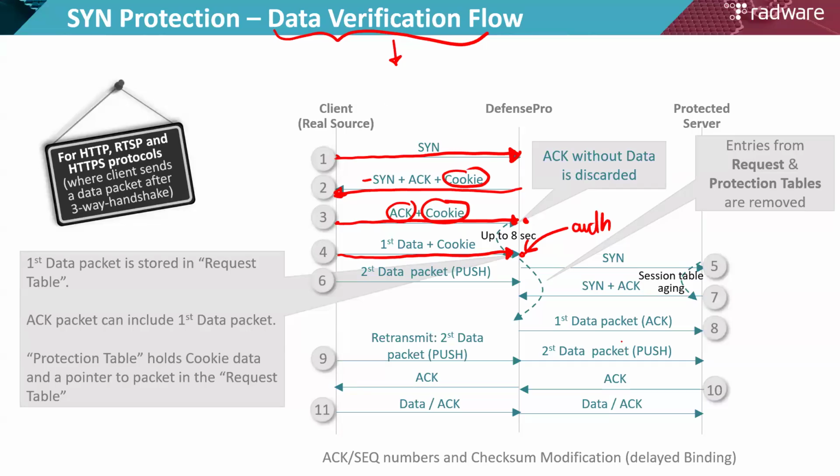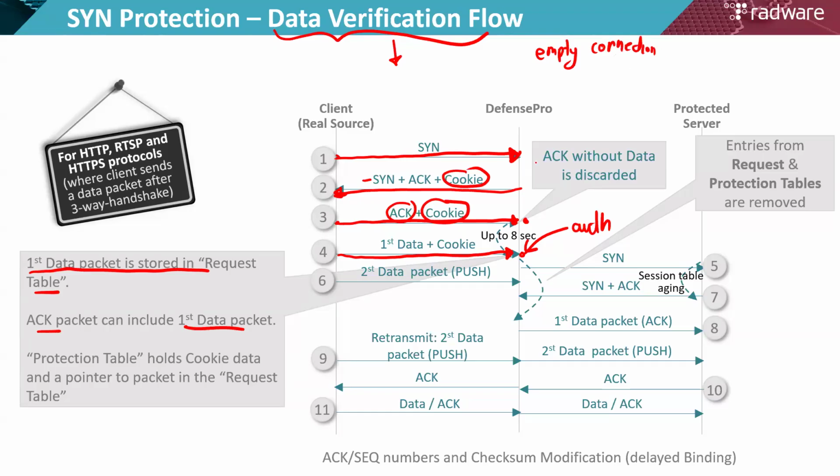Rest everything remains the same. That means the first data packet is stored in the request table, and the ACK packet can include the first data packet. Only this part is different: we will wait for 8 seconds until the first data packet is received. This is done so that we can eliminate empty connection flood kinds of attacks. What was an empty connection flood attack?